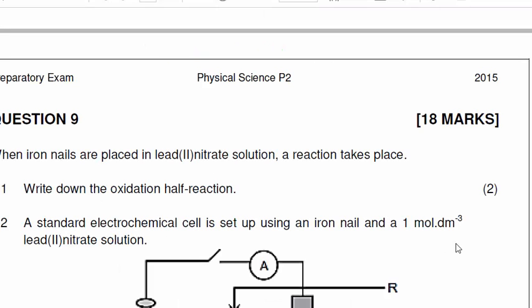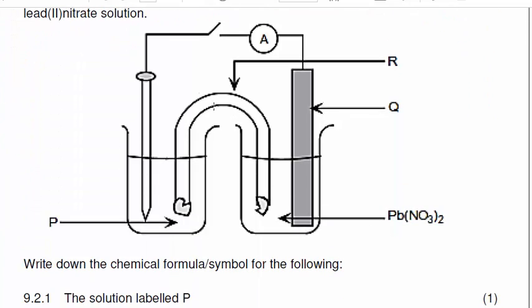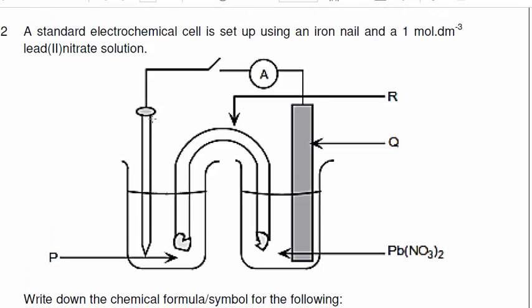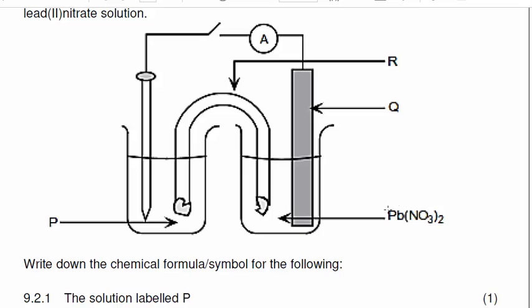A standard electrochemical cell is set up using an iron nail and a 1 mole per cubic decimeter lead nitrate solution. So here's my iron nail, and here is a lead nitrate solution.